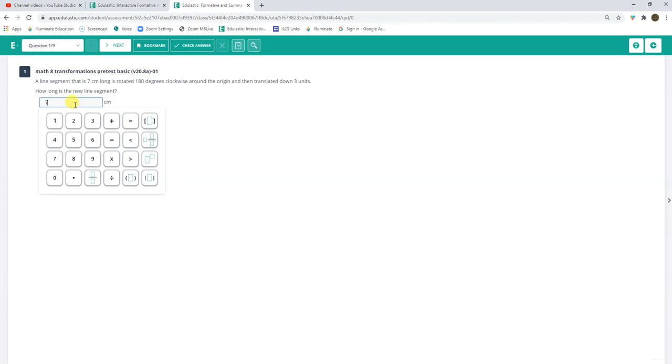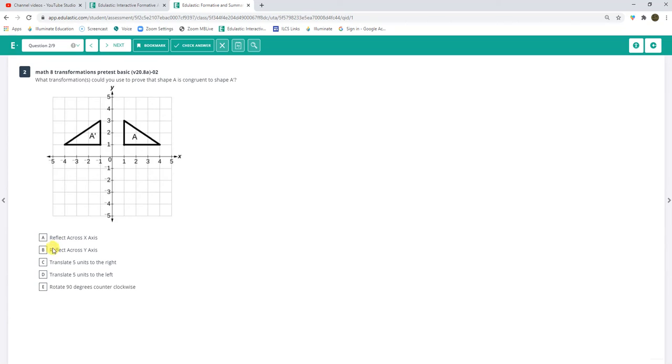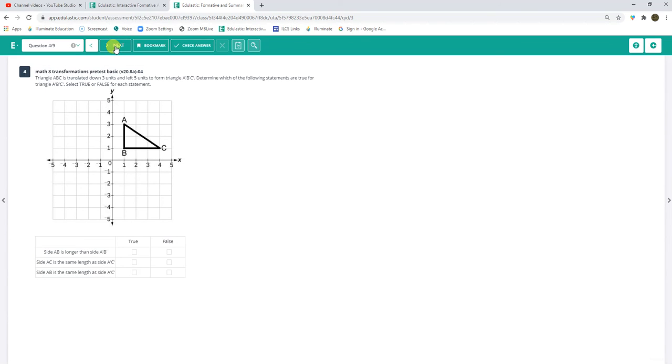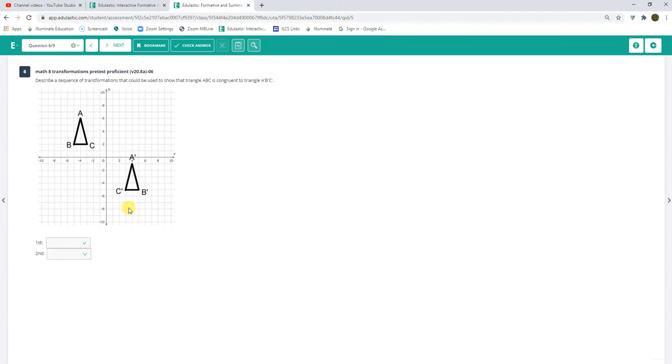So this is 7 centimeters. Reflect across the y-axis. And with those two. First, reflect across the y-axis.